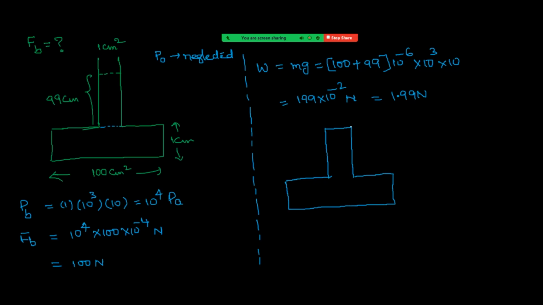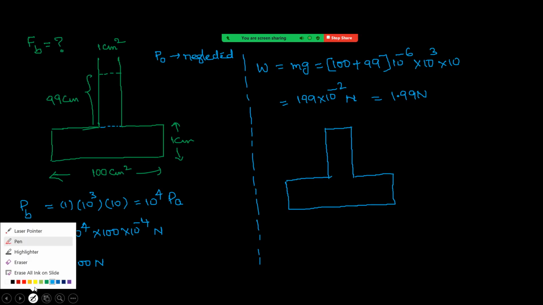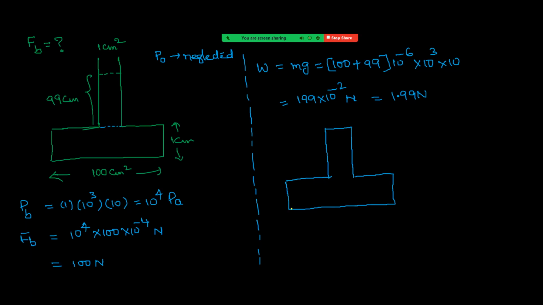Okay. So here we have taken P naught as neglected. So remaining is now, see, the free body diagram for the liquid. The liquid is now in equilibrium, so the net force on the liquid must be zero. One is weight mg downwards, which is 1.99.